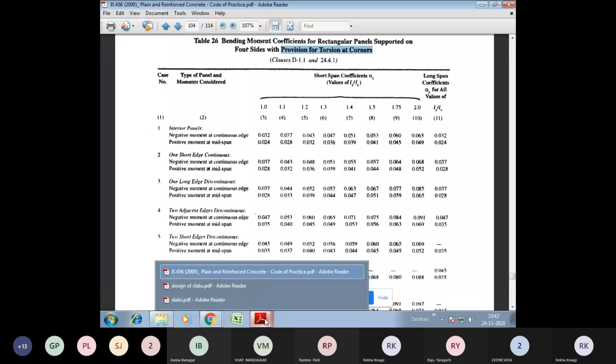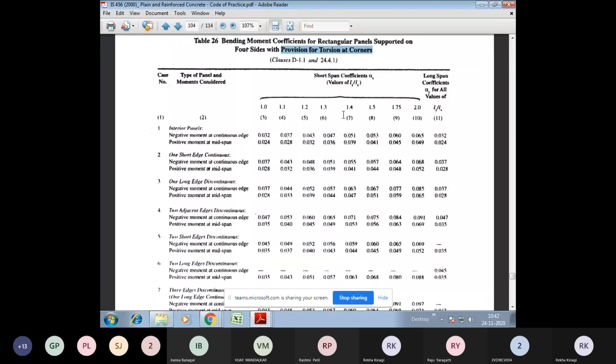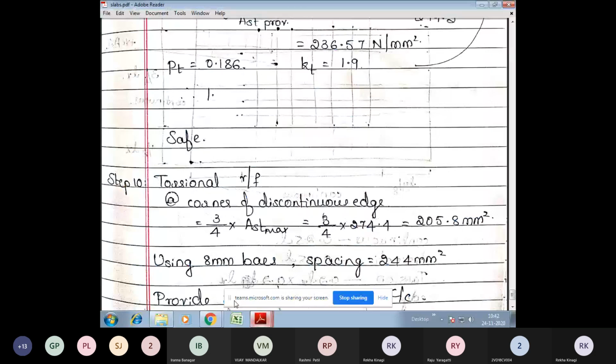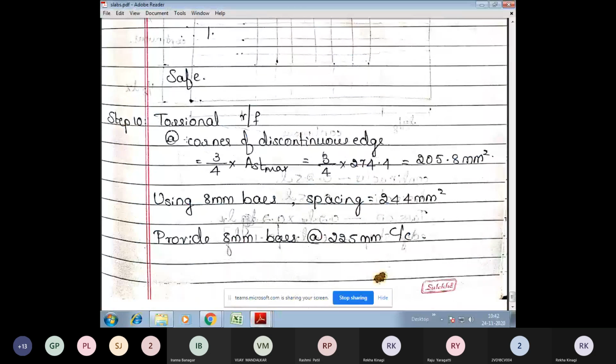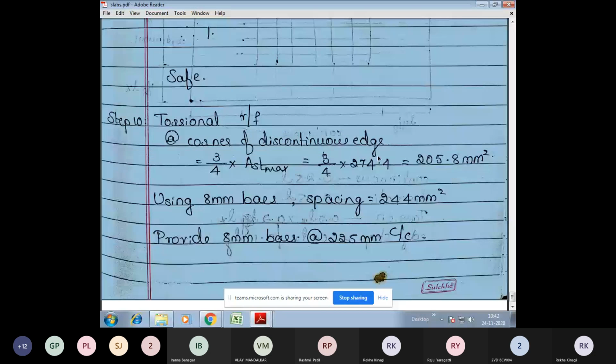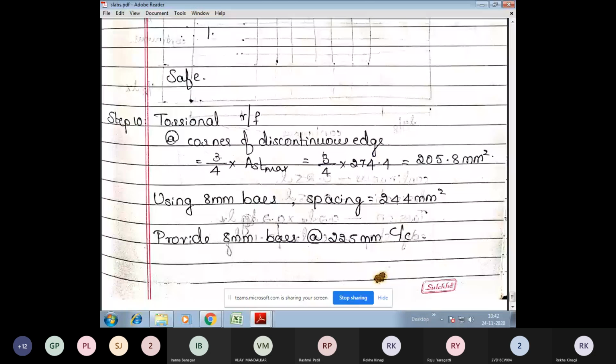So in order to make sure that corners are not lifted up, we are going to provide the torsion reinforcement at the corner. How much torsional reinforcement is to be provided? If it is a discontinuous edge, it will be 3/4 of the AST maximum. And if it is a continuous edge, it will be 3/8 of the AST maximum.